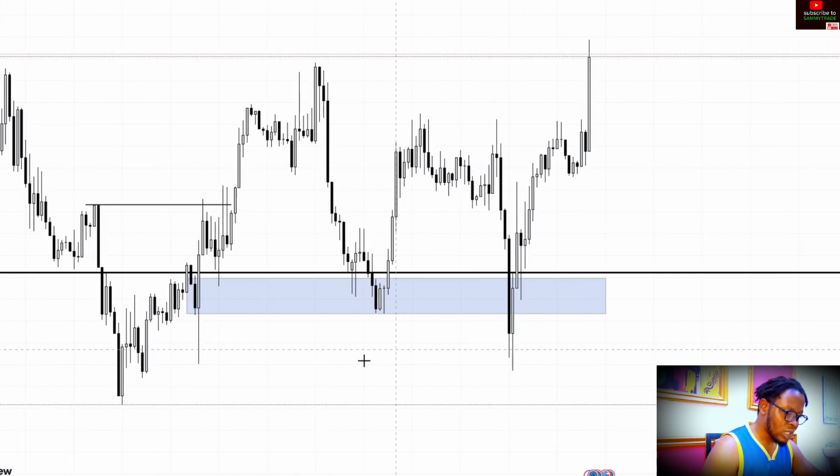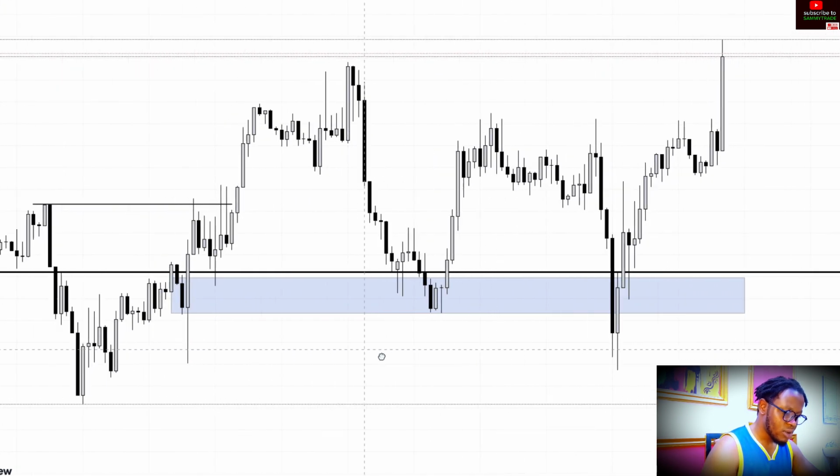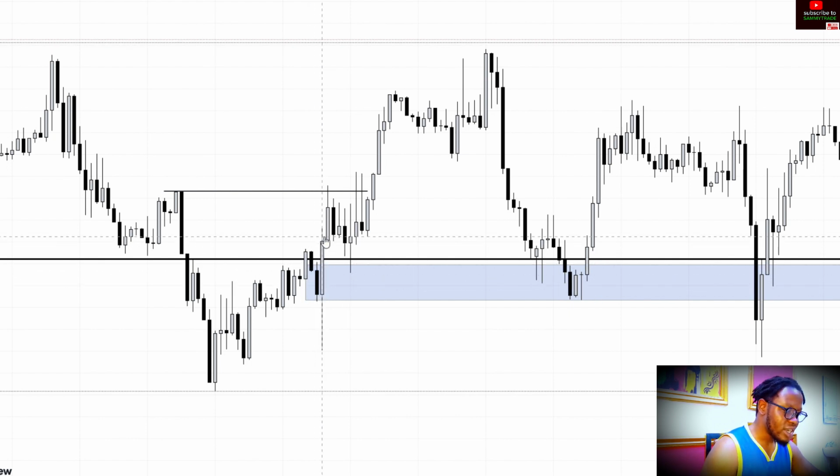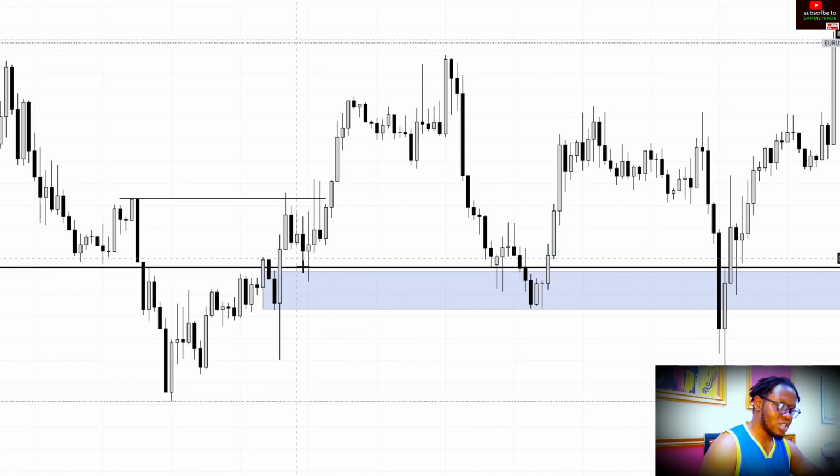Now for you to understand this, look at this very well. Immediately after this bearish candlestick is done forming, we have the bullish engulfing candlestick. As you can see here, this is a clear bullish engulfing candlestick at a demand zone, because this was the place where supply entered the market.